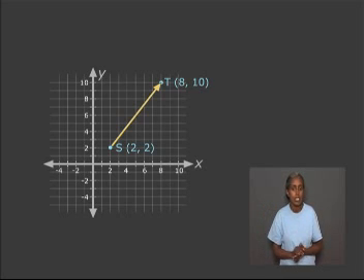Its terminal point is at 8, 10. Can you remember how to find the magnitude of a vector whose initial point is not on the origin? With the same partner as before, try to remember the formula for this operation and apply it properly. You can get started right away, students.